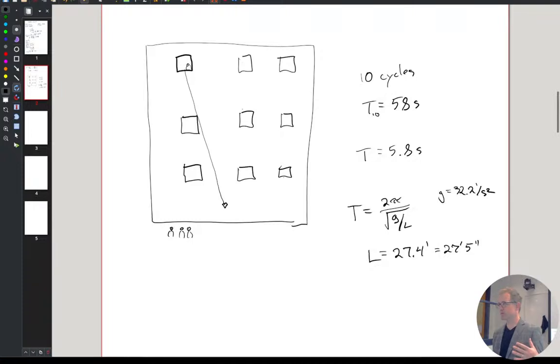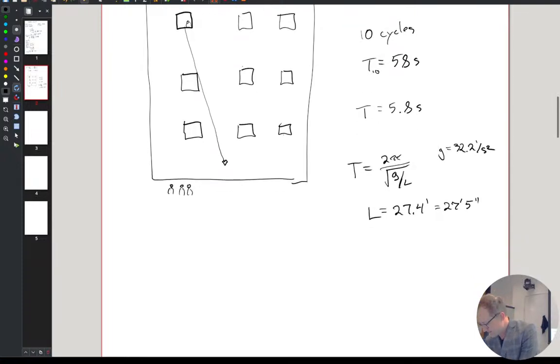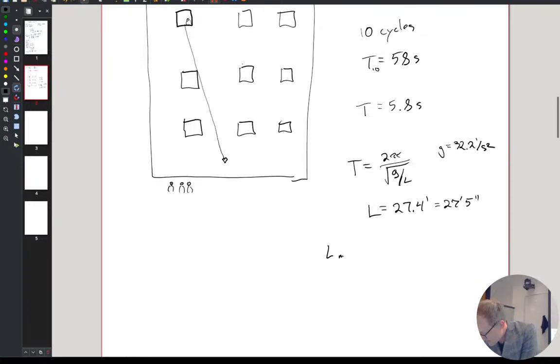I think we remembered it pretty well. The length that I measured, bringing it down the hallway and counting out how many squares, was 27 feet 8 inches.